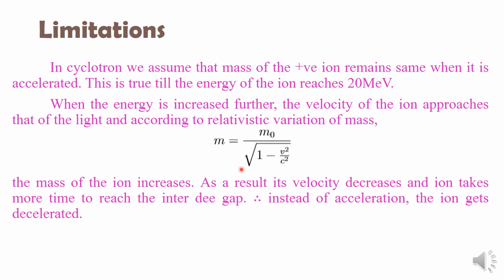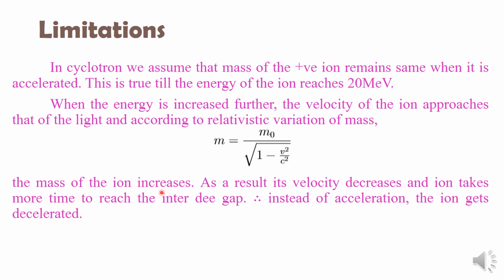Whenever a particle is moving with very high velocity, then the mass of the particle changes, and m0 is the rest mass, and m is the mass of the same particle when it is moving with very high velocity. When the velocity of the particle approaches the velocity of light, the mass of the particle increases.